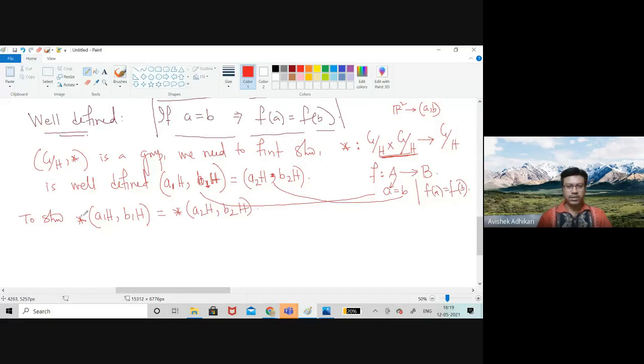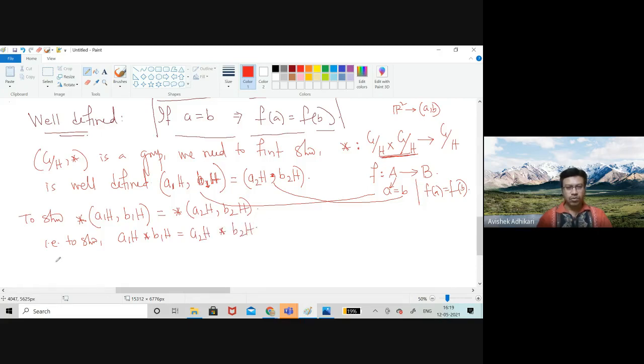What does this star mean? Star of this means A1H star B1H should be equal to A2H star B2H.